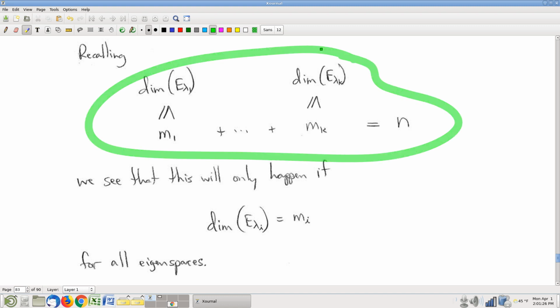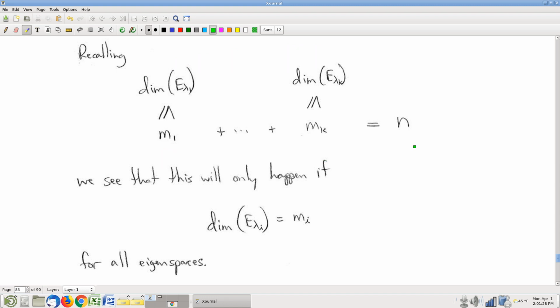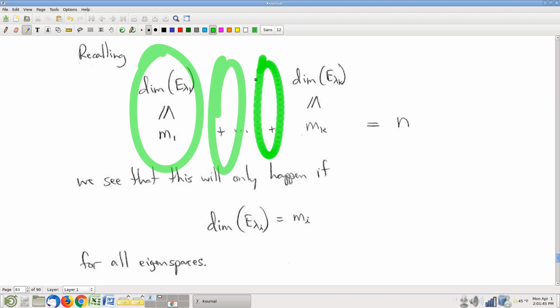Counting eigenvectors, how many eigenvectors do you have? Don't forget that for any given eigenvalue, you never get more than the multiplicity. There's no promise you will get as many as the multiplicity, but you will never get more. The multiplicity is an upper bound on how many eigenvectors you're going to find, and that applies across the board for all of the eigenvalues.